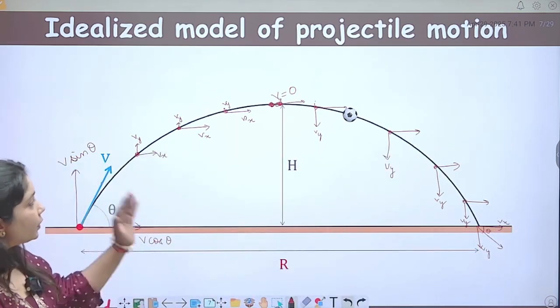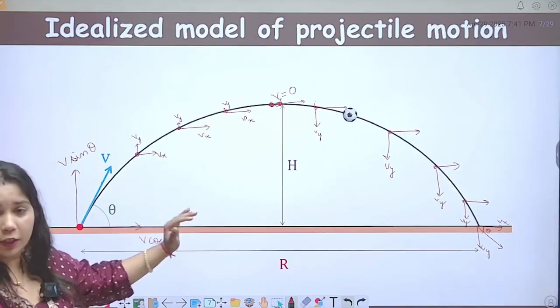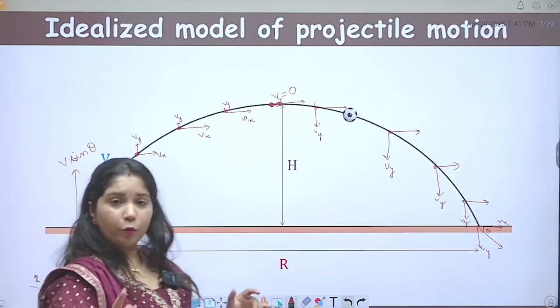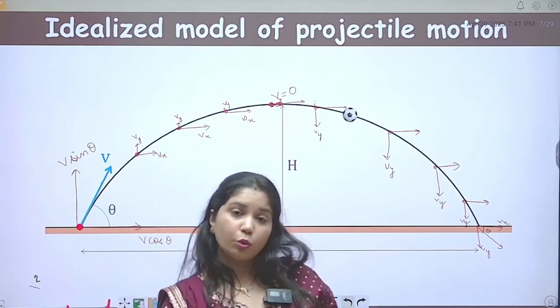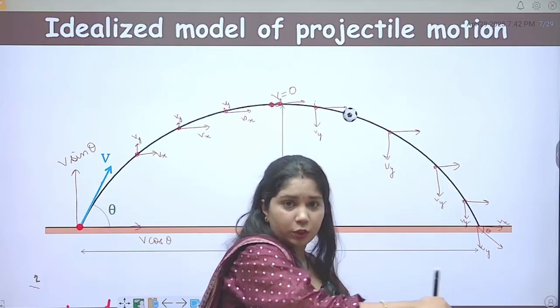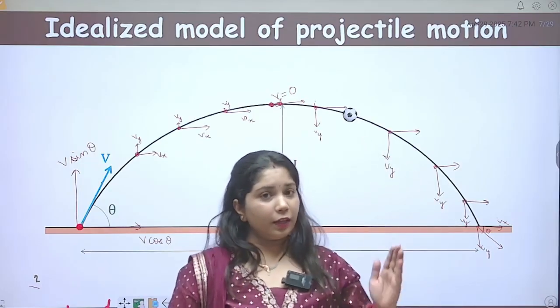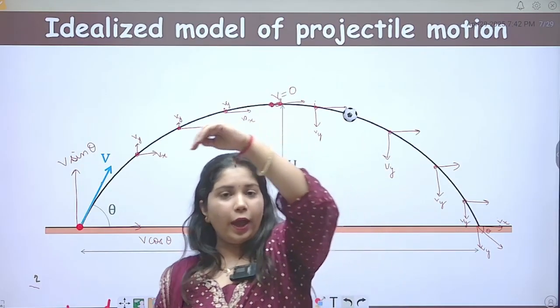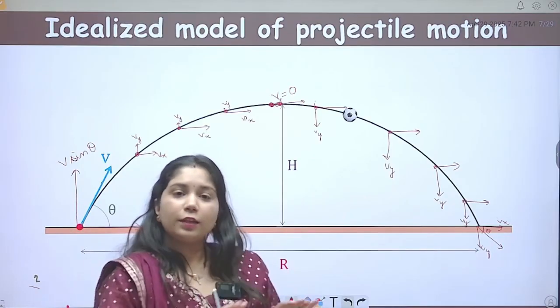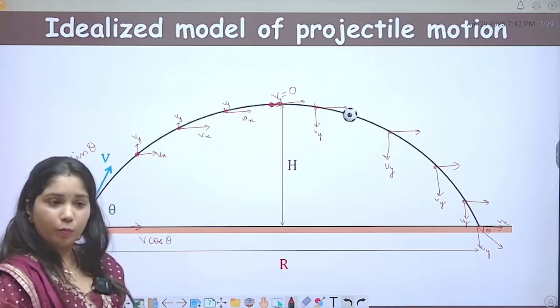So this is the main concept of projectile motion: the x component is constant throughout the whole motion, and the y component decreases, becomes 0 and then again increases.